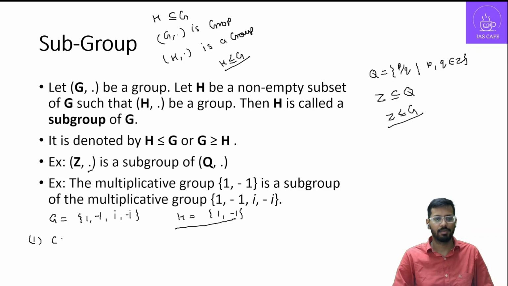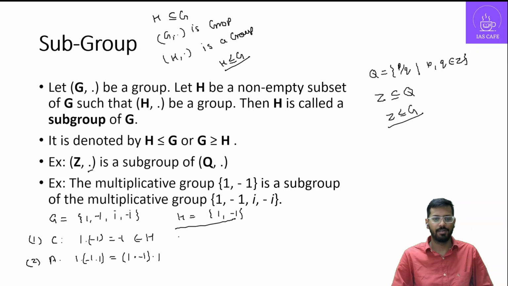First is the closure property. If we take 1 · -1, that is equal to -1, which belongs to H. So the closure property is satisfied. Second is associativity. 1 · -1 · 1 is equal to 1 · -1 · 1, so associativity is also satisfied.